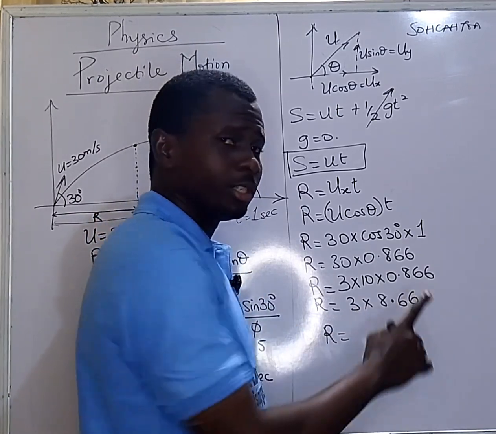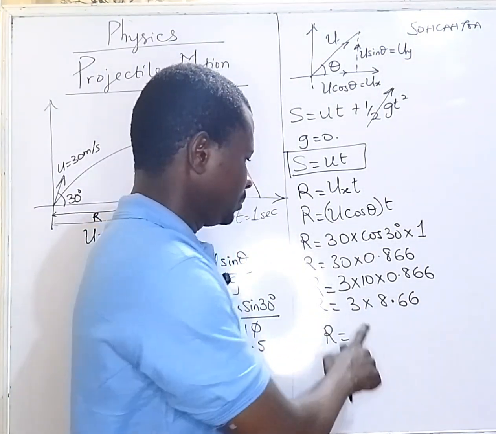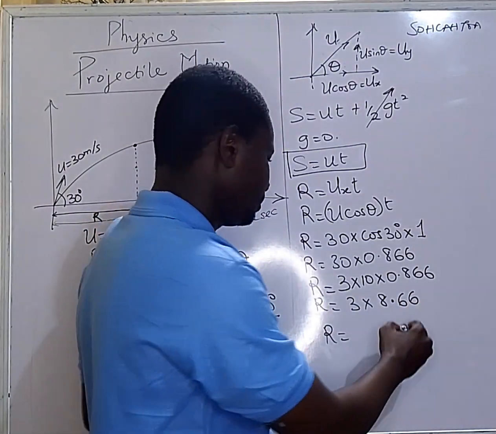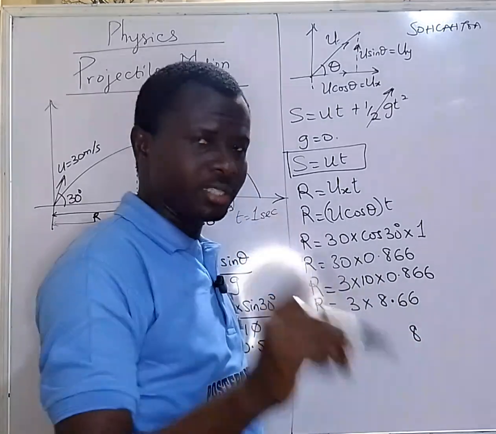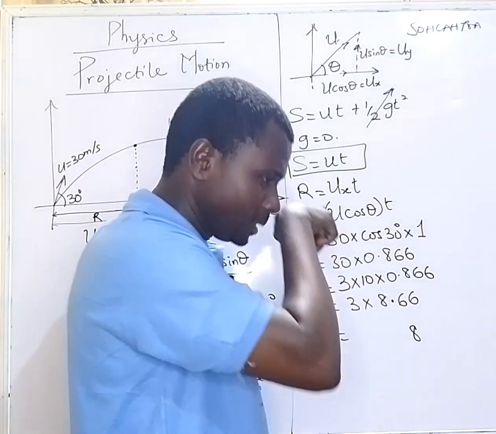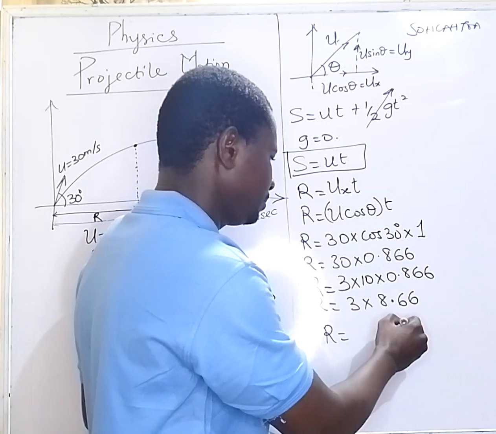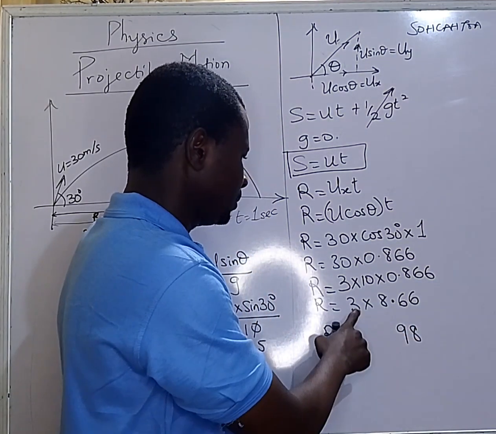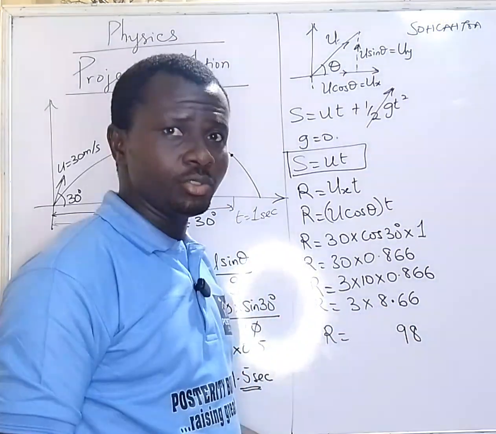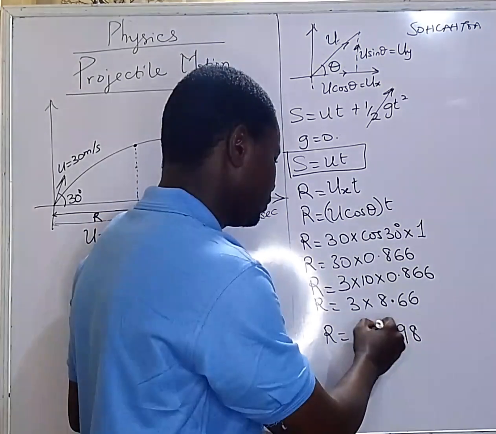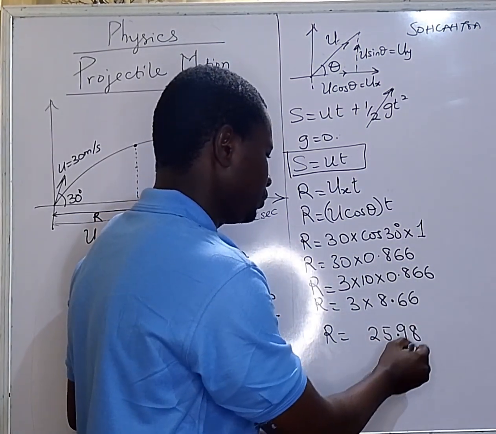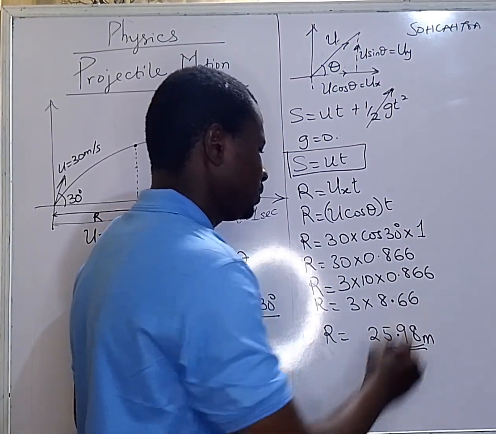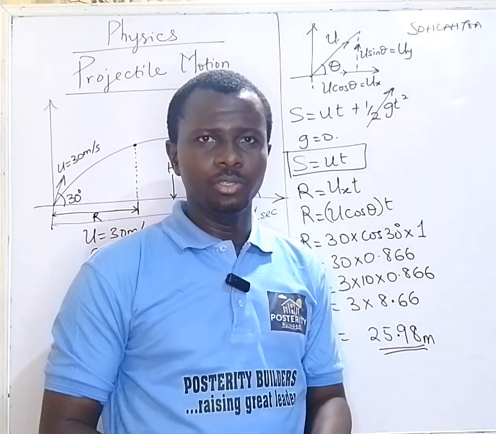It's better to multiply from the back. 3 times 6, 18, carry 1. 3 times 6, 18 again, plus 1, 19, carry 1. And 3 times 8 is 24, plus 1 that was carried, gives us 25.98 meters. I hope you understood.